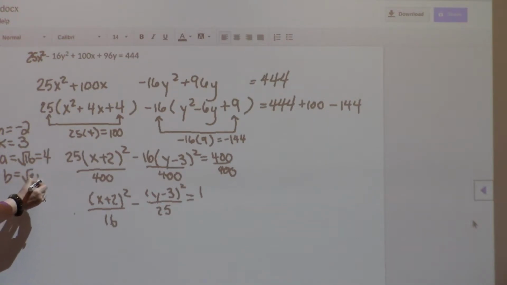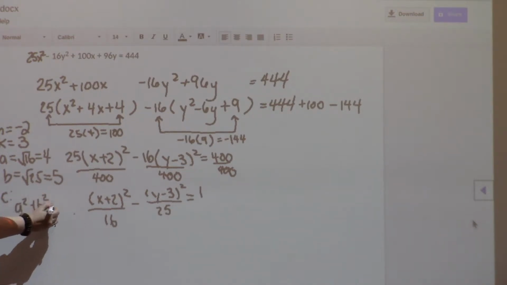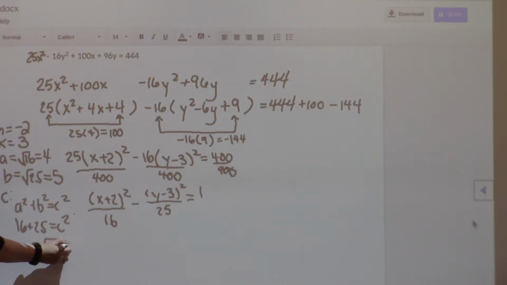Square root of 25, which is 5. Still not a Pythagorean triple. So to find C, we need to do A squared plus B squared equals C squared this time. So we have 16 plus 25 is C squared. So C is the square root of 41, which is approximately what? 6.4. All right.